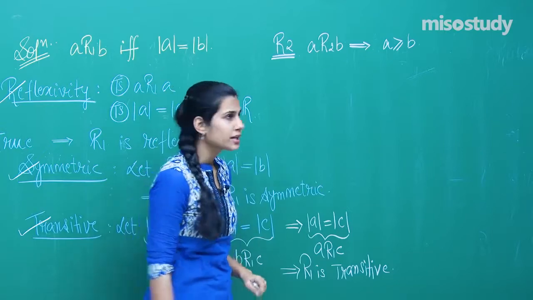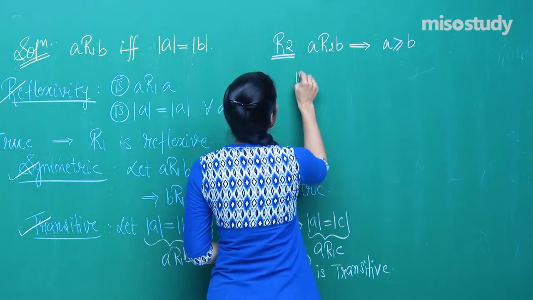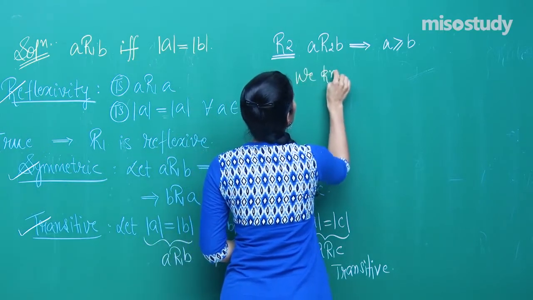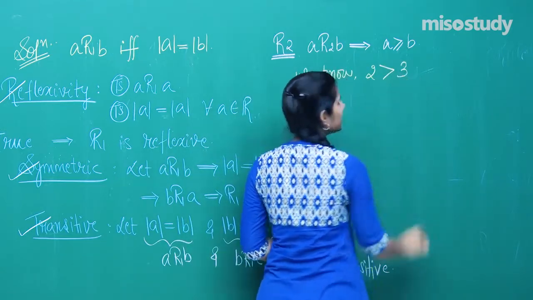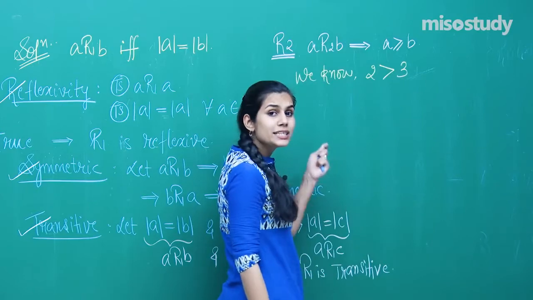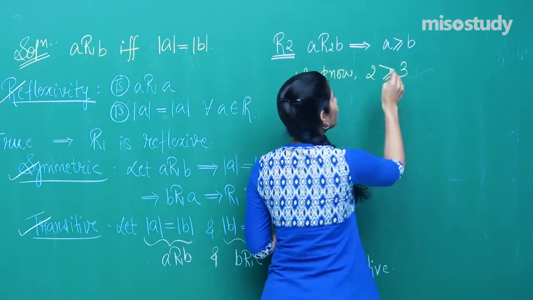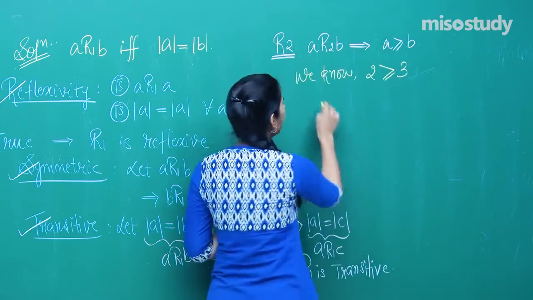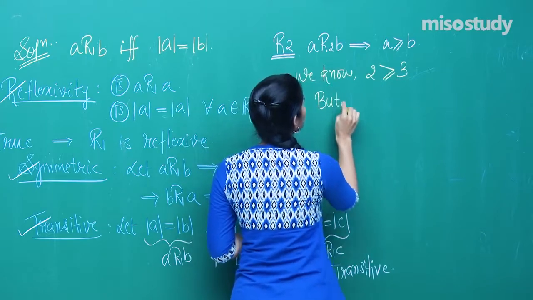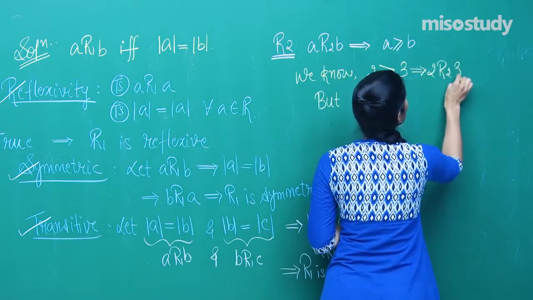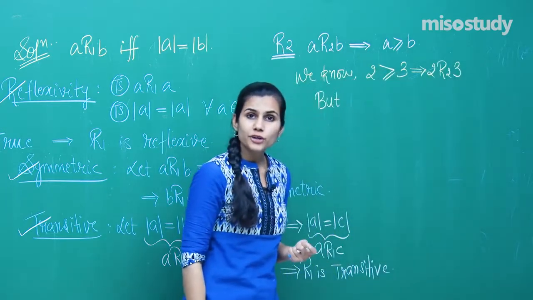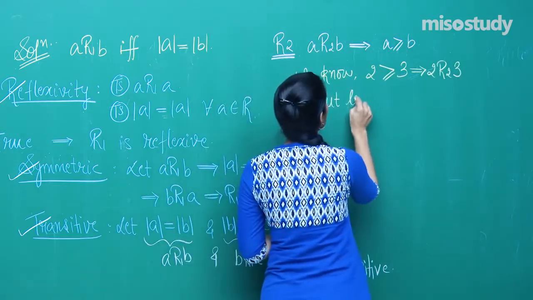What about symmetric? Well, I know 2 is greater than 3. Therefore, 2 is greater than or equal to 3. This means 2 is related to 3 under the relation R2.